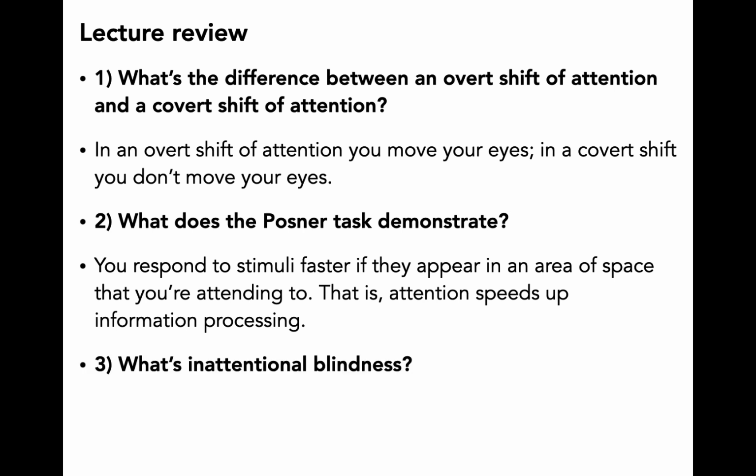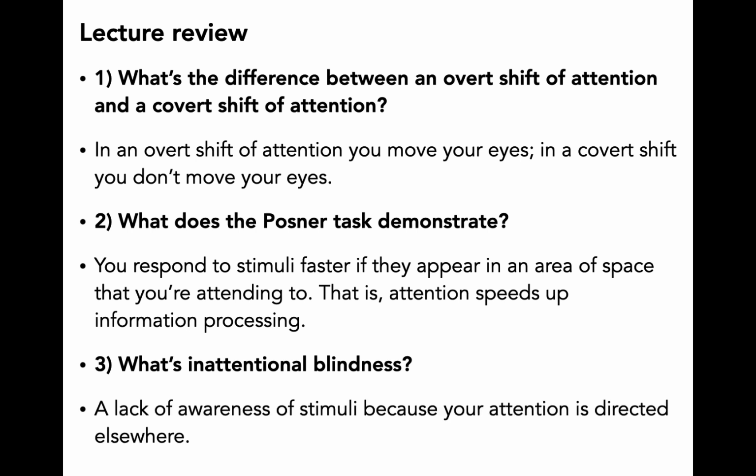Question 3, what is inattentional blindness? And students often confuse inattentional blindness with divided attention, which is something different. But the idea here, right, is that you're not aware of things happening in your world because you're so focused on a single task, right?